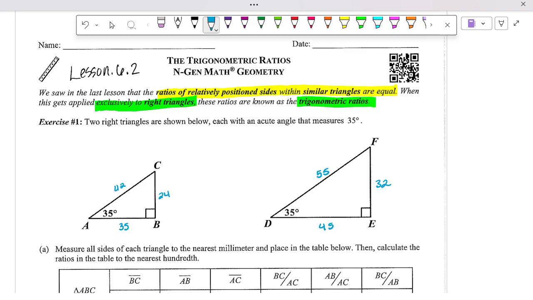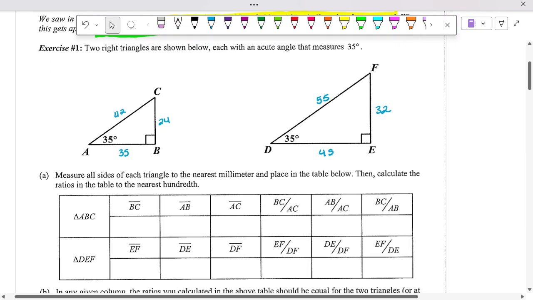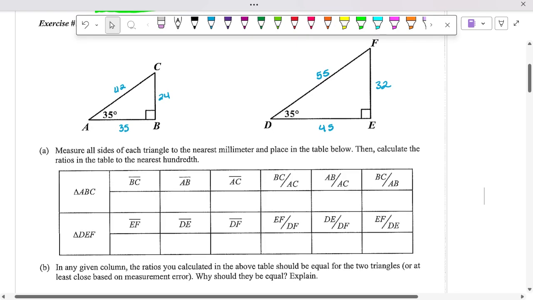So if you actually measured that in millimeters, that's what it would have been. Now, take a minute, and I want you to label just the first 6 boxes. So the first 3 columns. So just tell me what the side lengths are. All right, so take a minute, write that down.